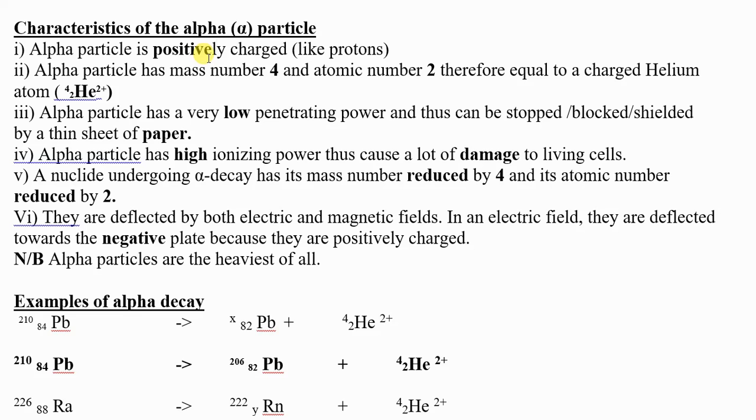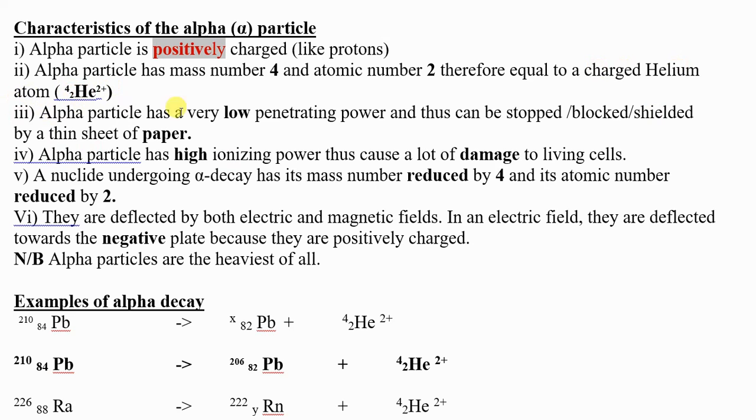Alpha particle has a mass number of 4 and atomic number 2, therefore equal to a charged helium atom. That one is also important.